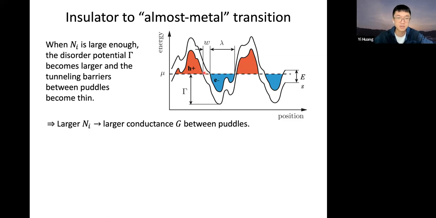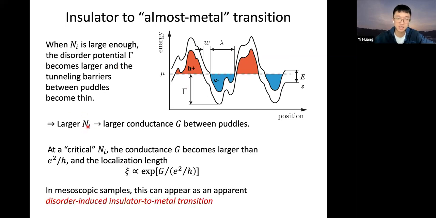If you have a smaller distance between puddles, then the tunneling action from one puddle to another puddle will also become smaller. Because of the smaller tunneling action, this means it's easier to conduct. And so if you have larger impurity concentration, you increase the disorder potential, and you can get larger conductance between puddles.